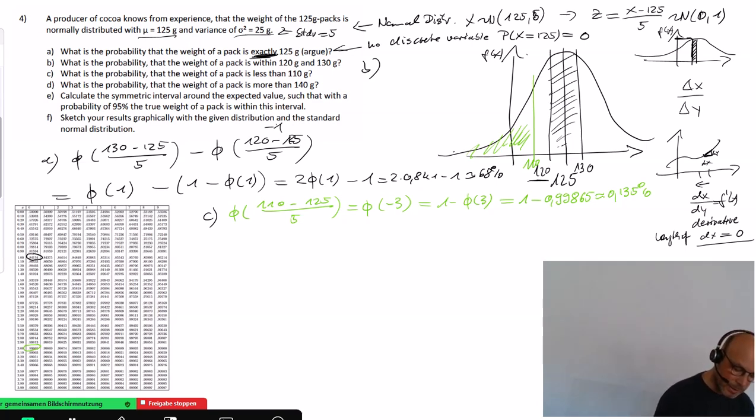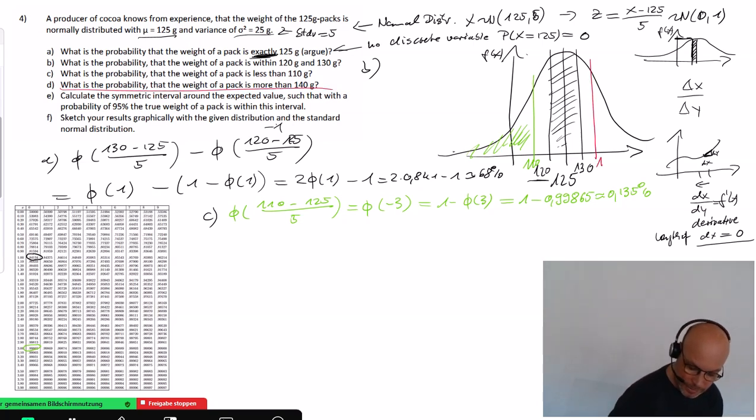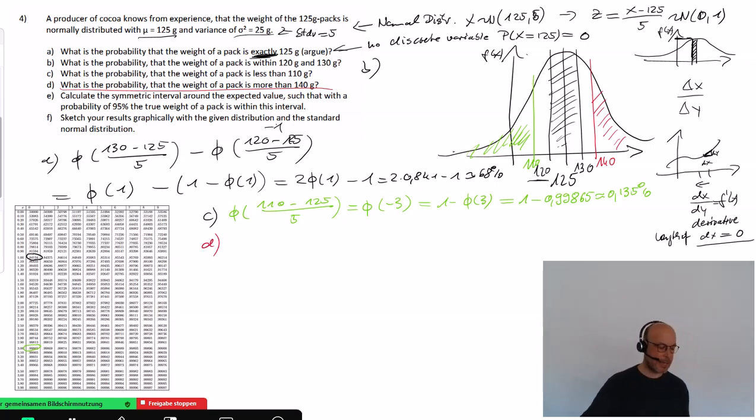What is the probability of more than 140? Then we are just here. This hopefully you can directly answer. What is the probability that our package is heavier than 140 grams?